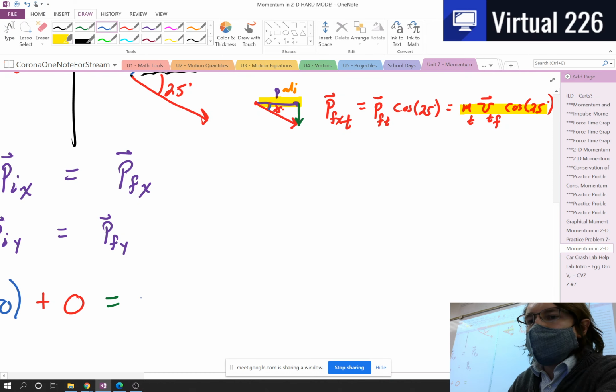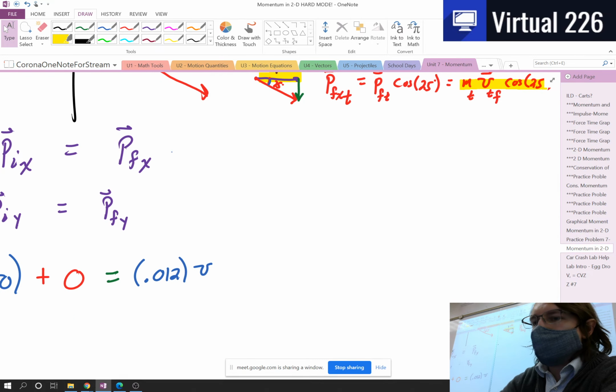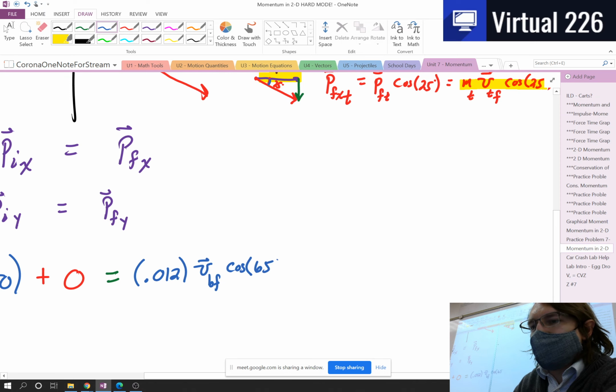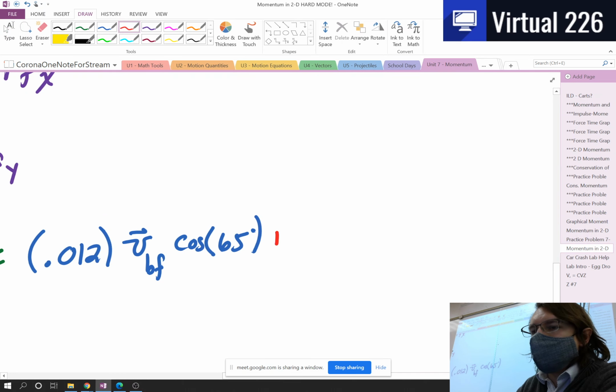So we're going to have the mass of the bullet, 0.012, the bullet's final velocity, multiplied by the cosine of 65 degrees. We're then adding to this the mass of the tin can, 0.035, times the tin can final velocity, multiplied by the cosine of the angle that it got shot out at.